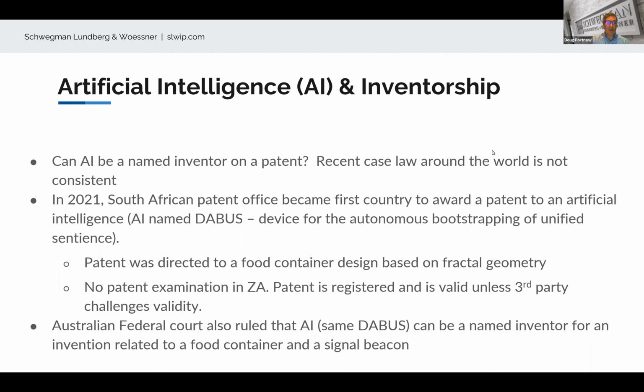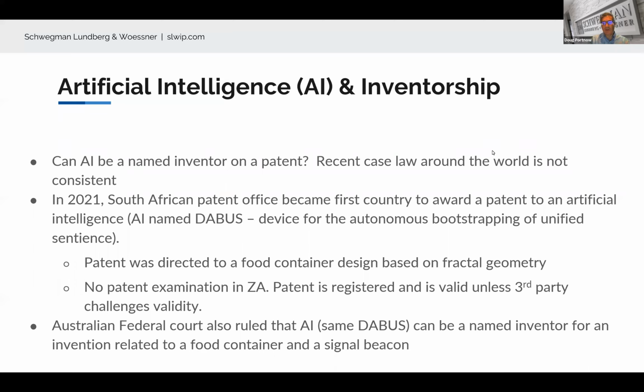So this summer in South Africa, an AI entity named DABUS, device for the autonomous bootstrapping of unified sentience, was listed as a named inventor on a South African patent. That was directed to a food container that was designed based on fractal geometry.